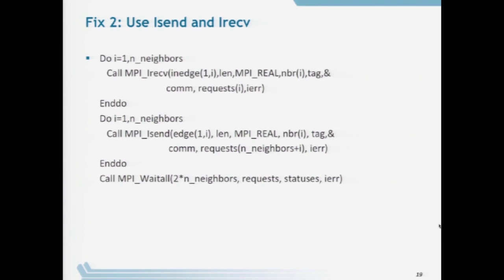By being careful about the order in which you issue these, a choice of tags, these neighbors, you provide much more information both to the programmer and to the system about the order in which you expect to do things.